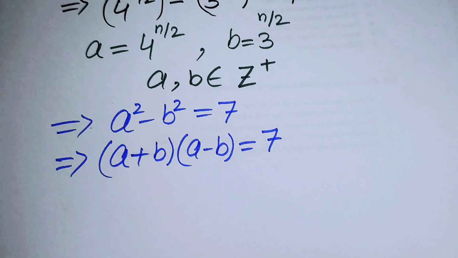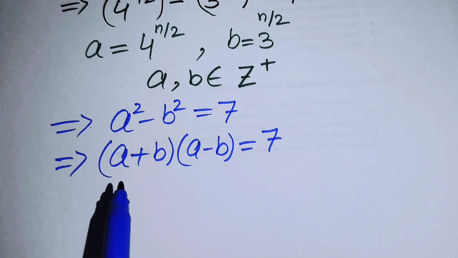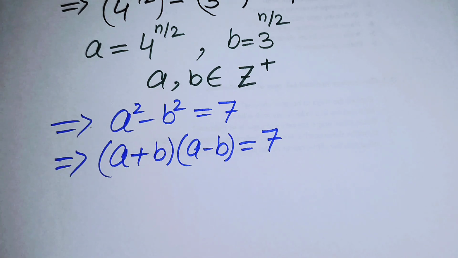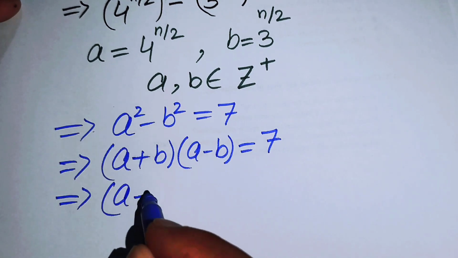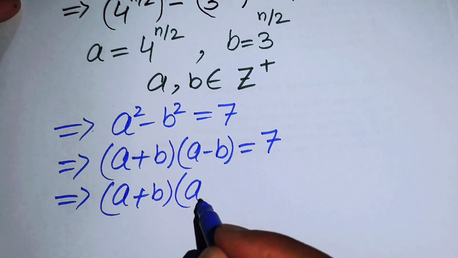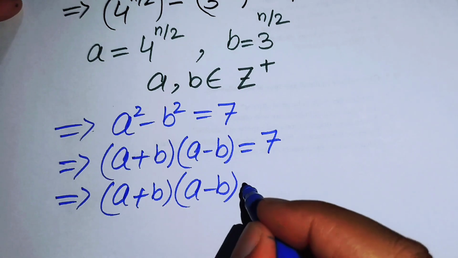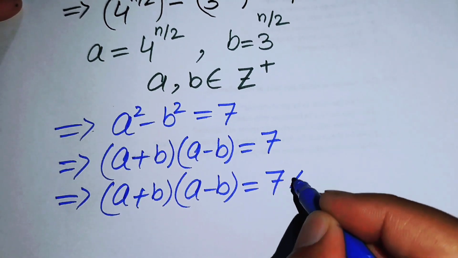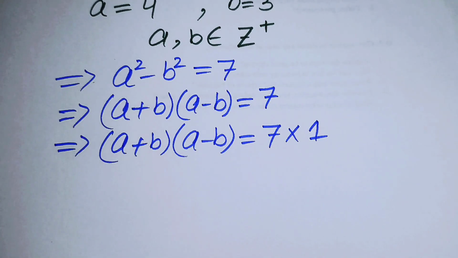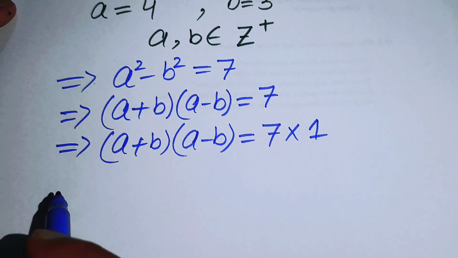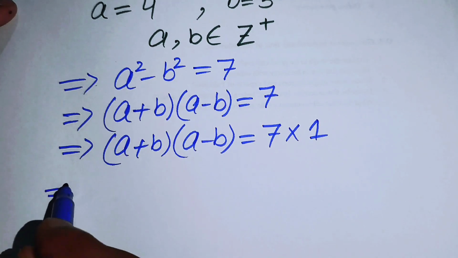Now focus on the left hand side: we have two factors multiplied by each other, and now we convert the right hand side into factor form, so we can write it as a plus b times a minus b is equal to 7 times 1. Now you can compare both sides, and you will get two cases.